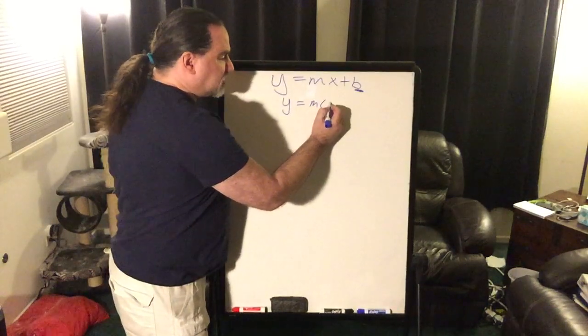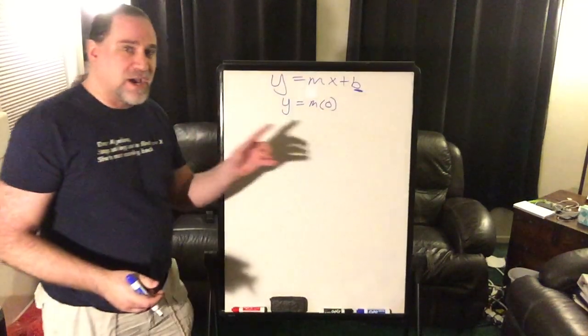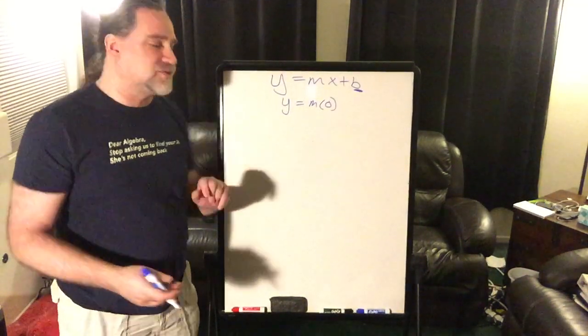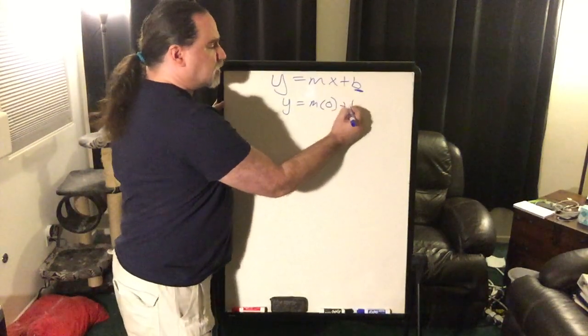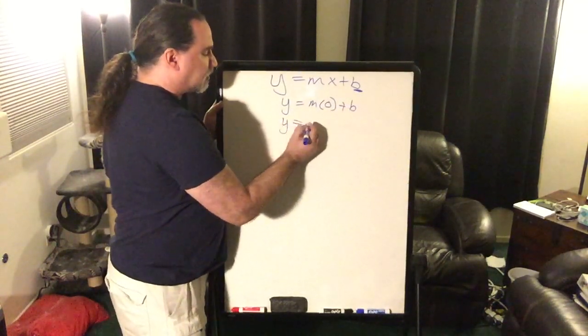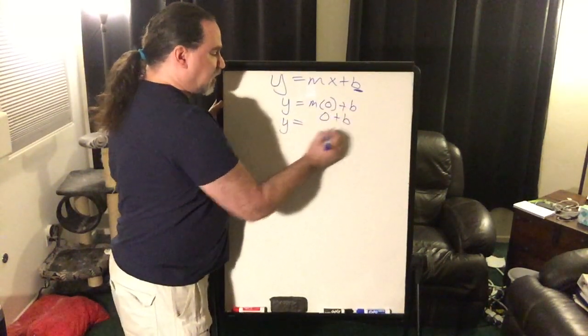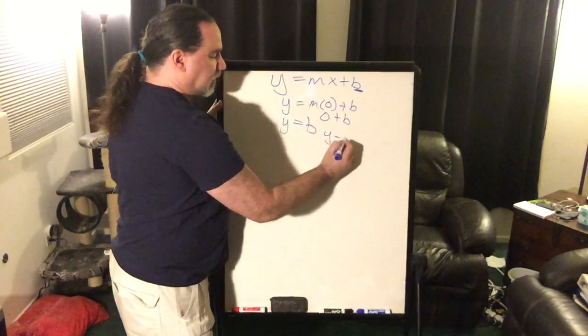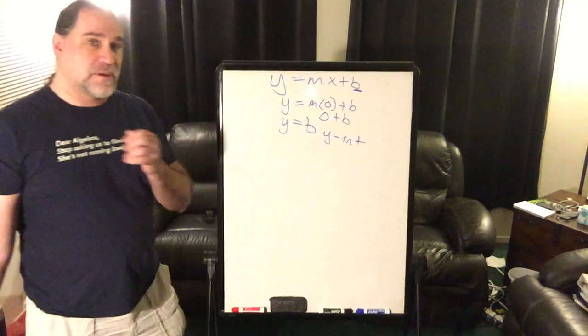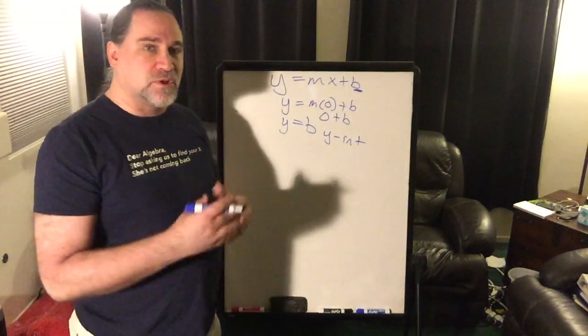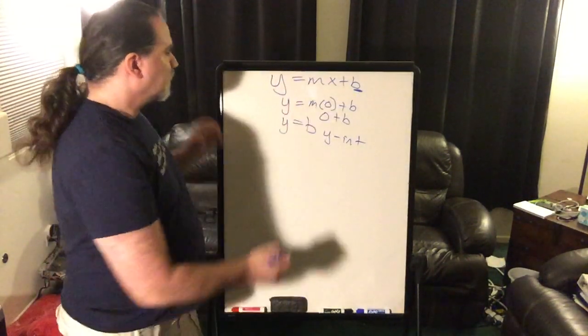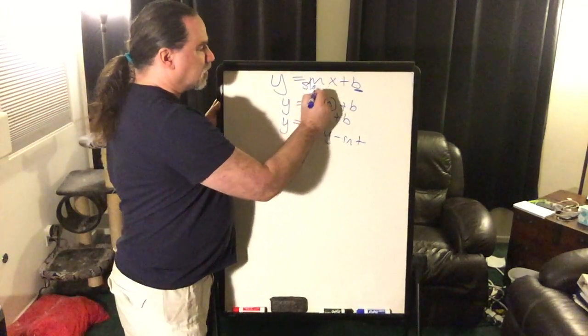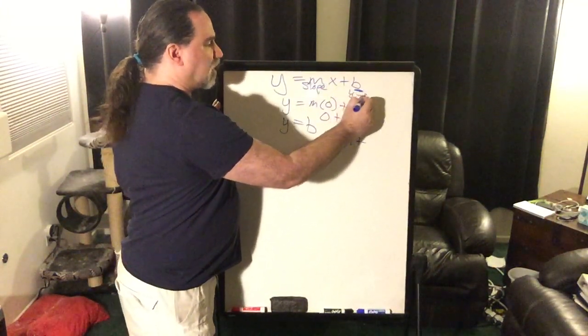If I put in 0 for x, because the y-intercept is always going to have x being 0, m times 0, anything times 0 is always 0. 0 plus b is going to be b. This is the y-intercept. So when we're looking at this form, this is my slope, and this is always going to be my y-intercept.